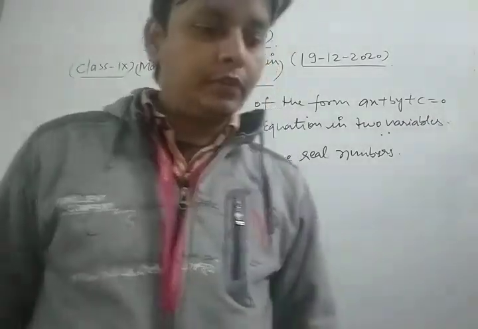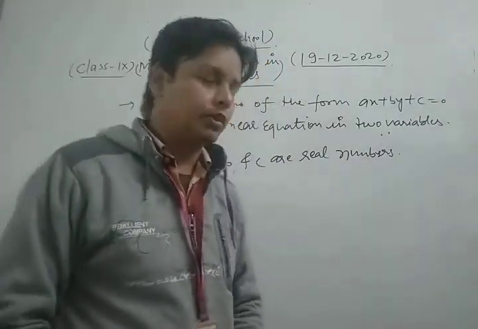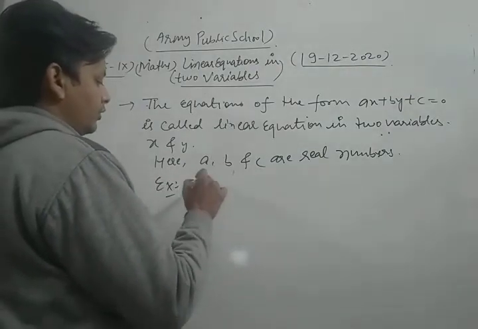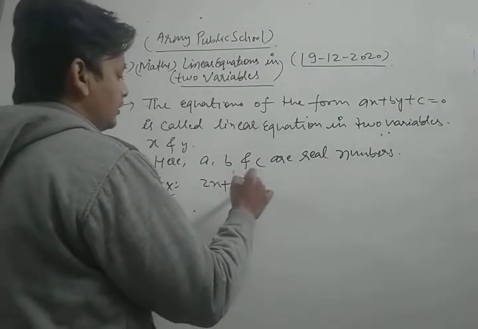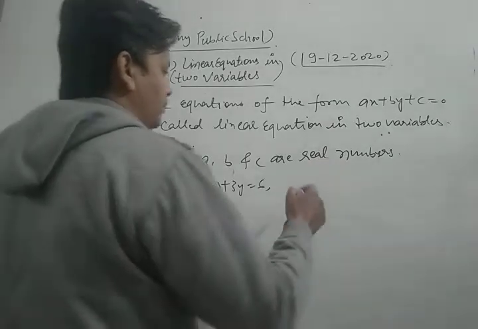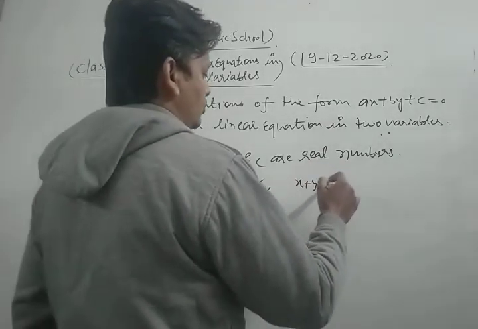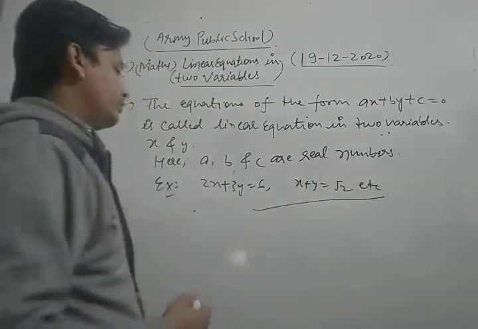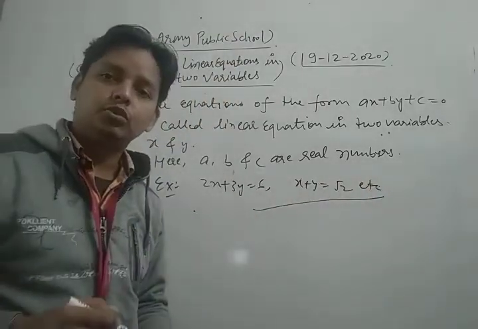Now students, we take some examples based on linear equations. Take the equation of the form 2x plus 3y is equal to 6, x plus y is equal to root 2, etc. These are examples of linear equations in two variables.